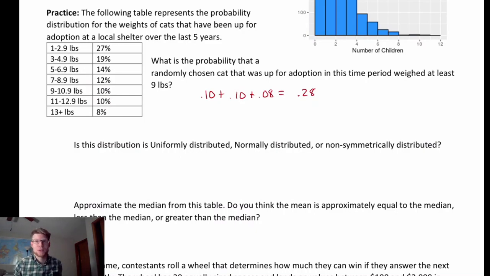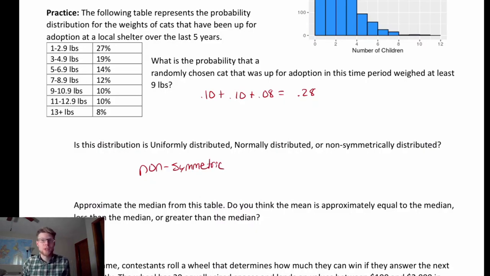There's always going to be some adult cats that just don't really get adopted. But there's always going to be a lot of kittens at shelters, and those will get adopted fairly quickly, and there will always be a few cats that just don't get adopted, unfortunately. So I would say this is probably non-symmetric.